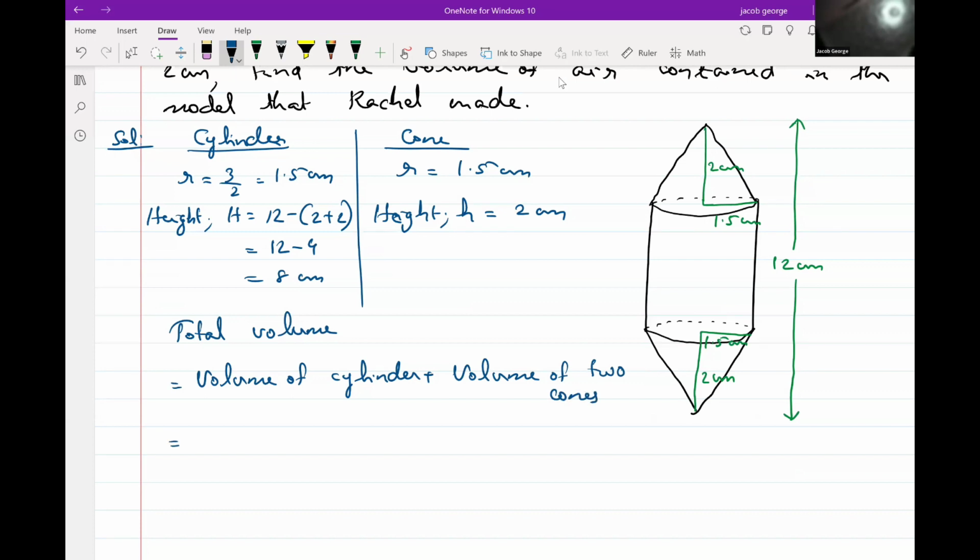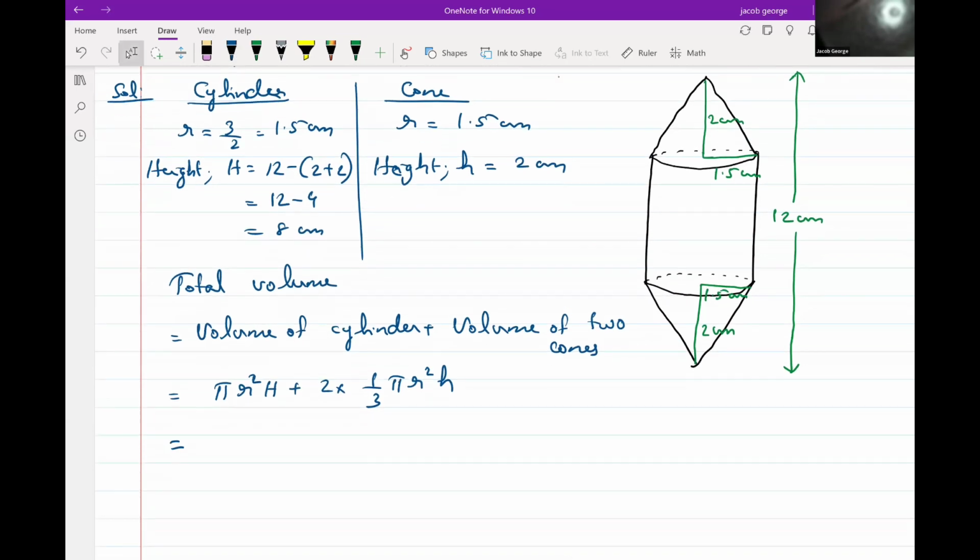Volume of cylinder is pi r square h, plus 2 times volume of cone, which is 1 by 3 pi r square h. Pi r square h plus 2 times 1 by 3 pi r square h.